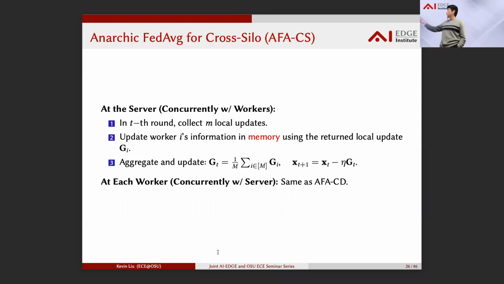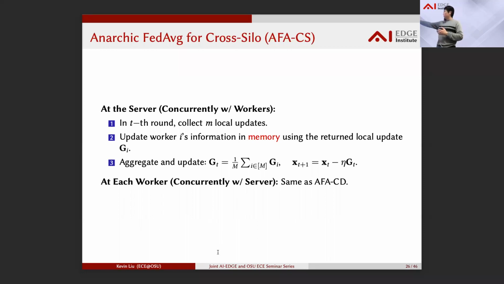Okay, so on the server side, the thing is that because in cross-silo you have a relatively smaller number of clients, the server can afford to memorize all the client information, the historical information.